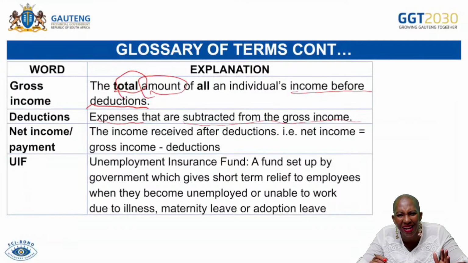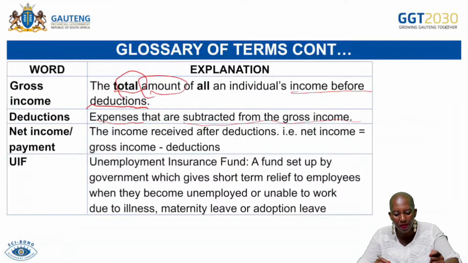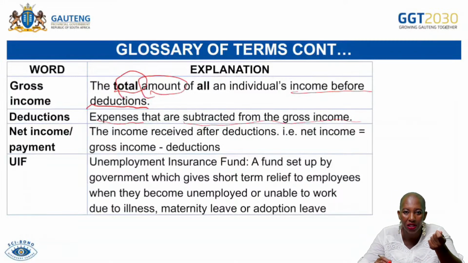We have medical aid as a part of deduction. If they are taking it out of your salary before the money is deposited into your bank account, those expenses deducted from your gross income, we call them the deductions.